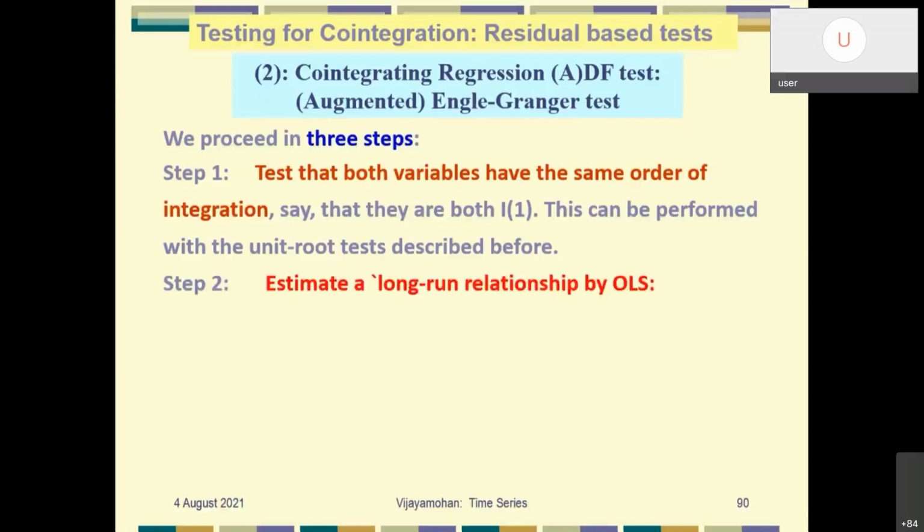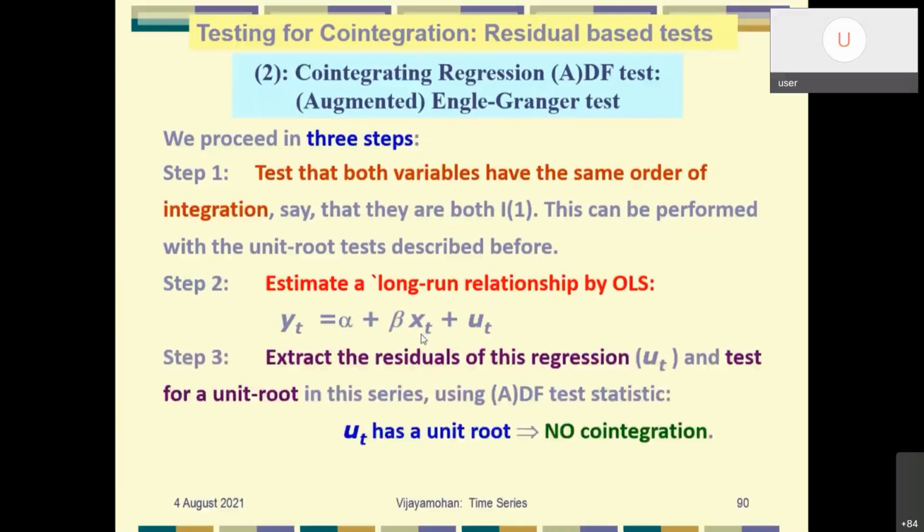Now estimate a long-run relationship by OLS. That is with the level variables, and then get the residuals and see whether the residuals have a unit root. If they have a unit root, that means there is no cointegration.